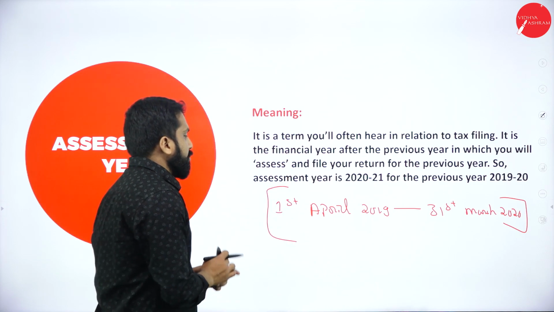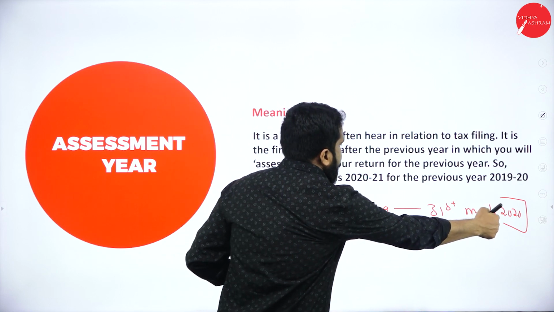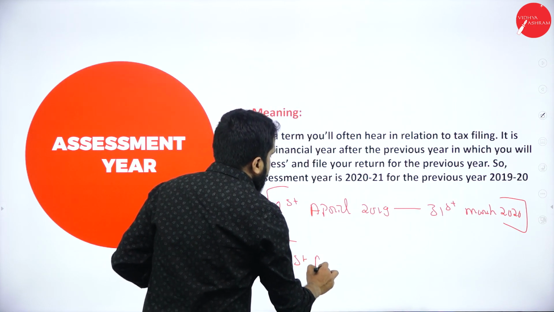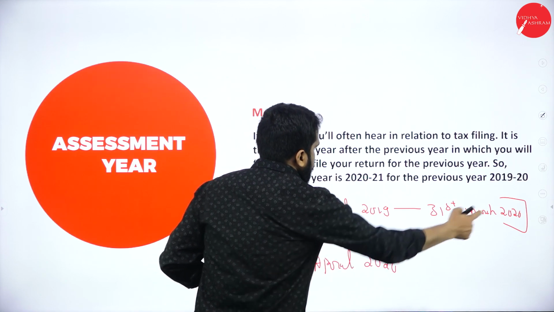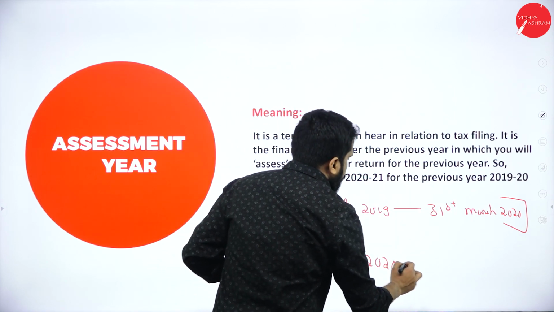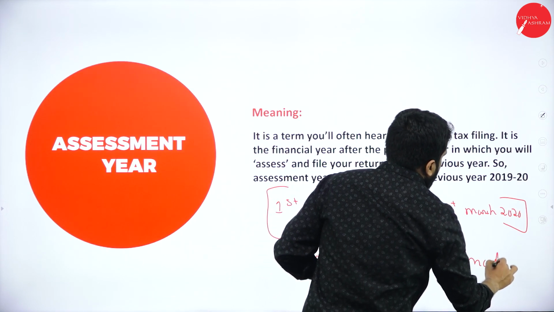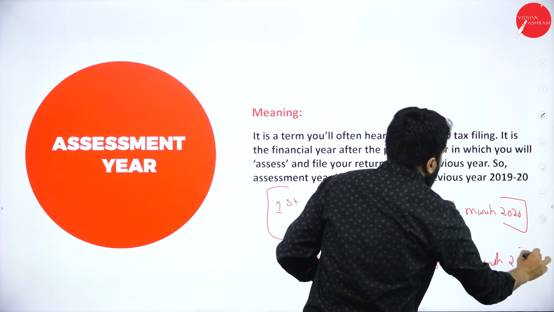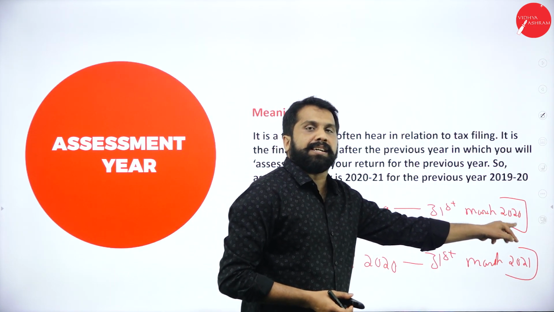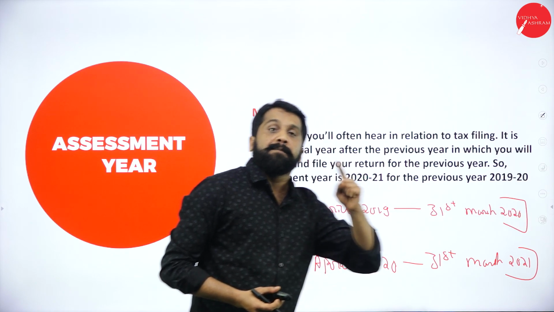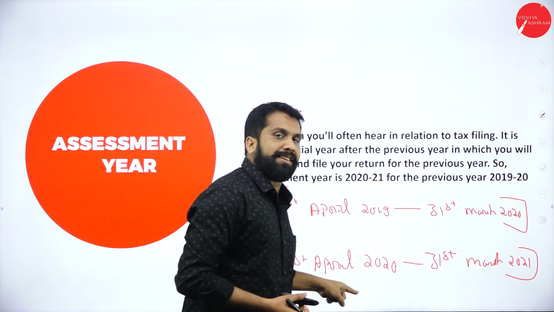Now, when I have to pay tax, from when your year ends, 1st April 2020, the next day, to 31st March 2021. So, when your year ends on 31st March 2020, from the next day, you will get one complete year.